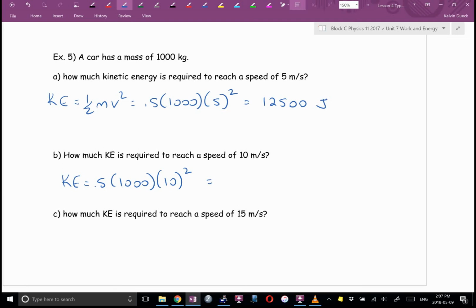You get 50,000? Could you do 50,000 divided by 12,500? How many times bigger is that answer than that? 4 times bigger. Twice as fast is 4 times bigger? Emily, how is this 15 related to that 5? 3 times faster? How many times more energy do you think 3 times faster is going to take? Let's find out.